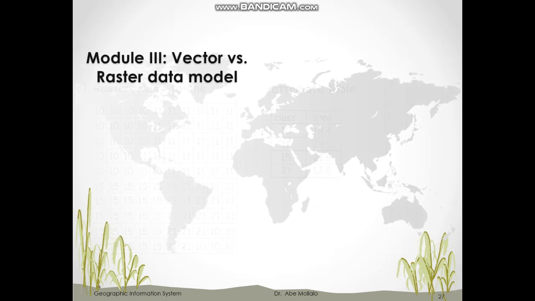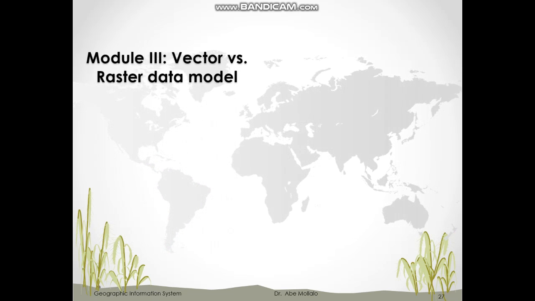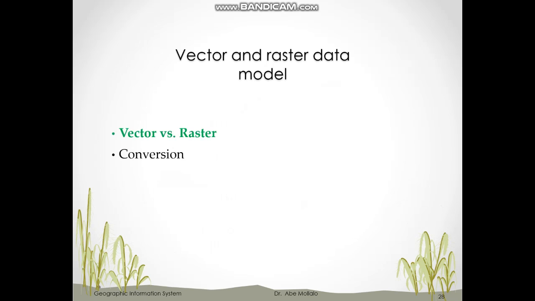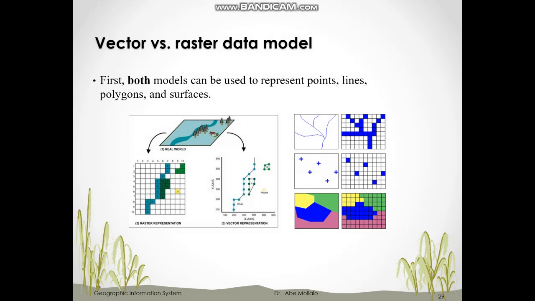So now we talked about two types of GIS data model, vector data model and raster data model. Let's compare the vector and raster data models and see what the pros and cons of them are and how we can convert them to each other. First of all, both raster and vector data models can be used to represent points, lines, and polygons, and also surfaces, right?